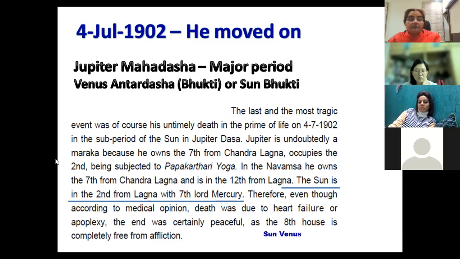Jupiter is undoubtedly a marka. Look at this. We'll consider Jupiter as the Lagna Lord. How can it be marka? But it has been proved. We'll see. Because he owns the 7th from the Chandra. Here comes the importance of the moon chart.